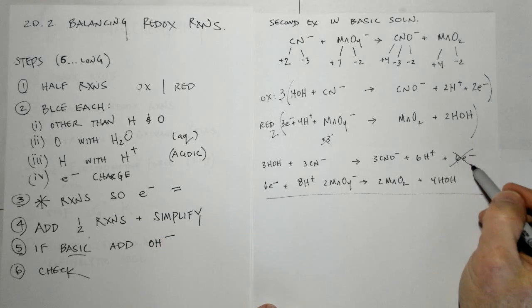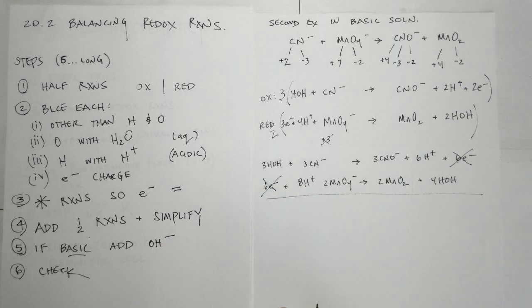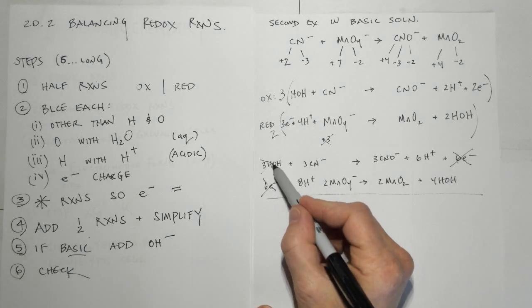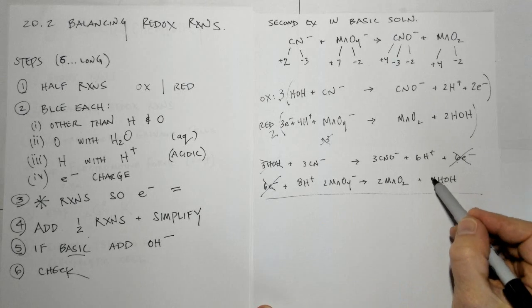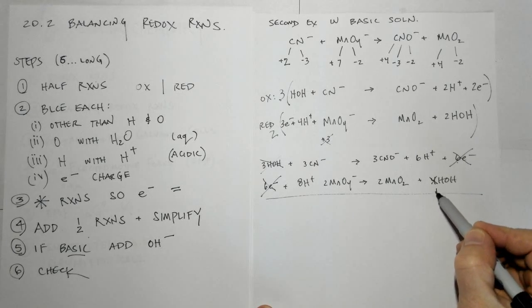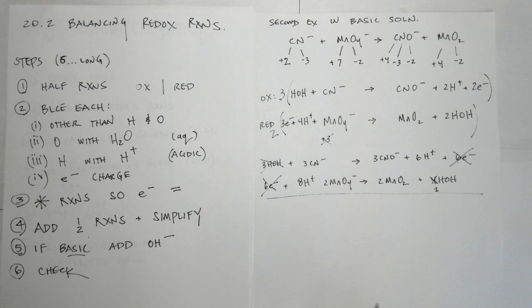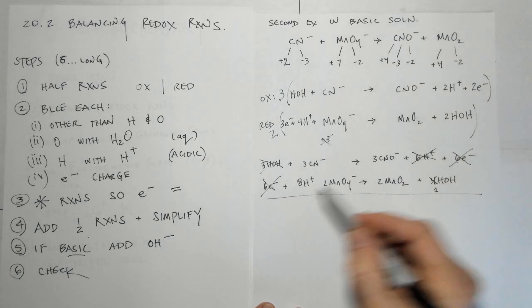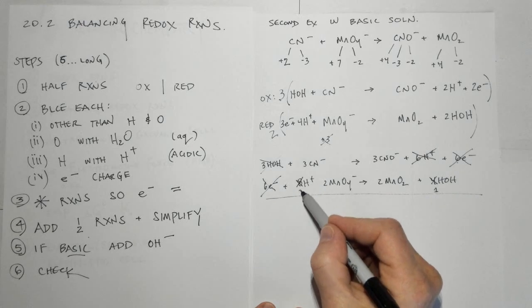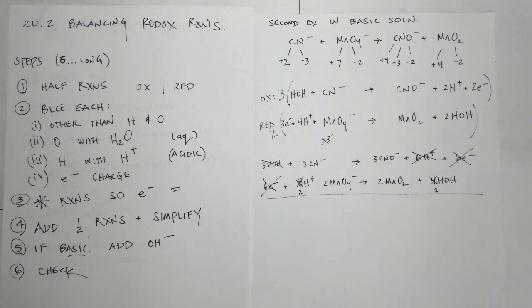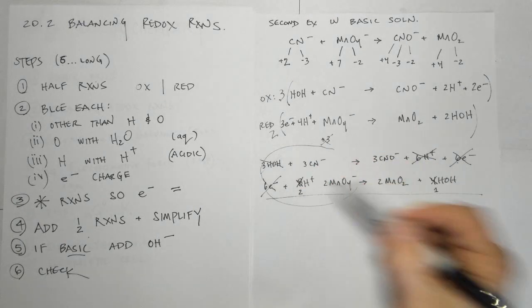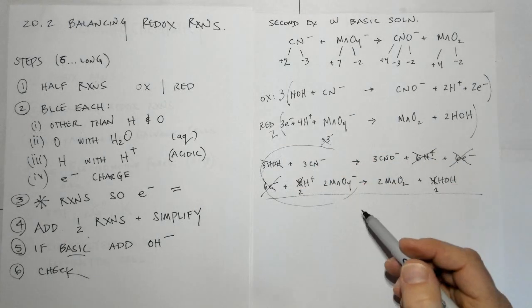I'm going to simplify this first so I don't have to rewrite that because I know the electrons are the same. I'm also going to simplify this one. I notice how there's 3 waters right here, and 4 waters right here, so I'll end up with only 1 water right here in my reaction. And then you'll notice I have 6 hydrogens right here, and I have 8 right here, so I'm going to end up with 2 hydrogens right here. Now carefully take everything on this side and recopy it, and everything on this side and recopy it.